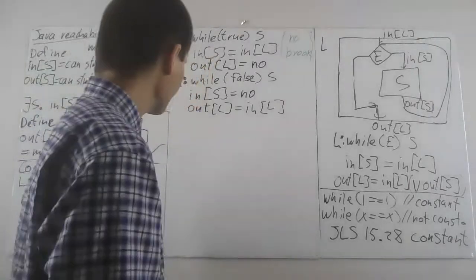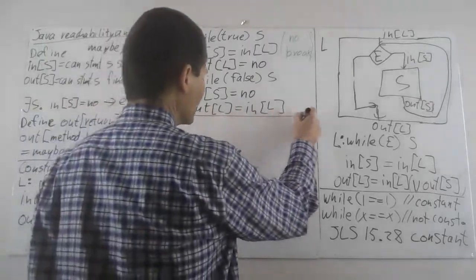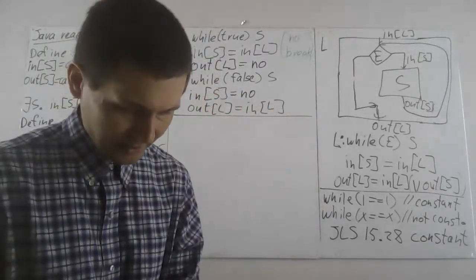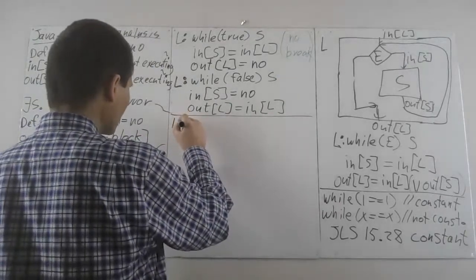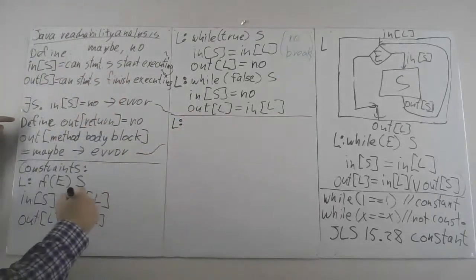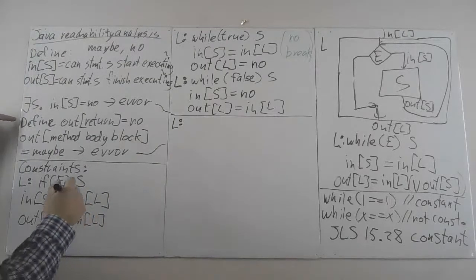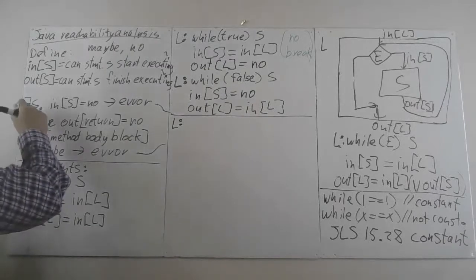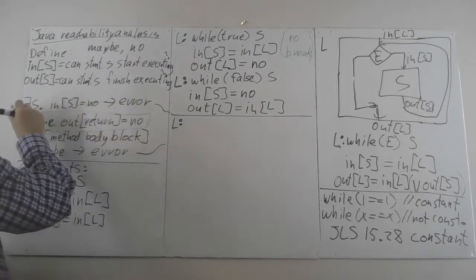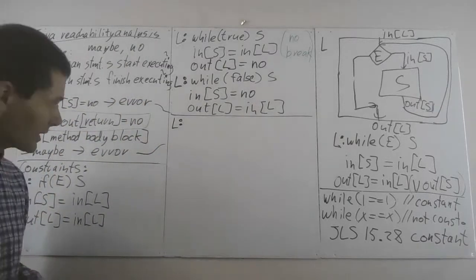Okay. So what other kinds of statements are there? Well, I talked about return statements here somewhere. I said we're going to define out of return to be no. So we should do that.